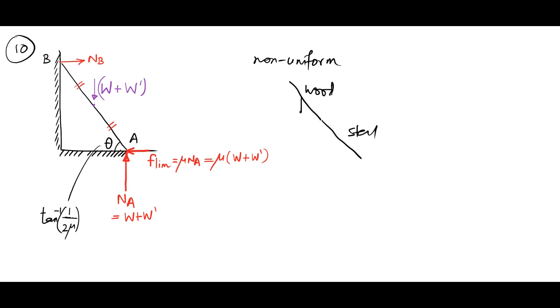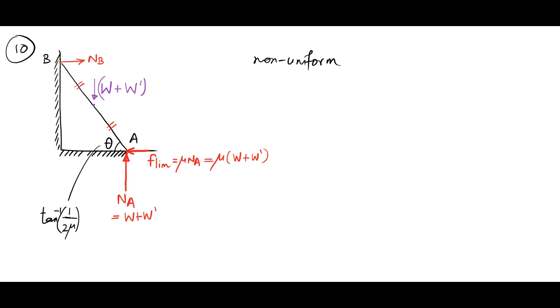Obviously the weight of the wooden part is less than the weight of the steel part, and naturally the resultant of these two forces can't act at the midpoint of the ladder. It's going to be in the lower section. Similarly it can be in the upper section. So that's what making the ladder non-uniform does. It shifts the weight W plus W dash away from the midpoint to some other point of the rod.